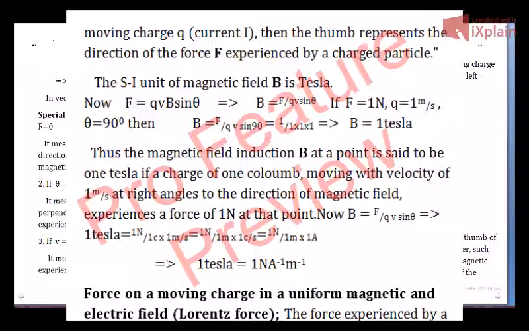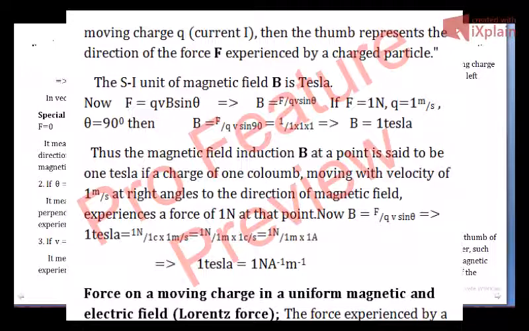Now if F is equal to 1 Newton, Q is equal to 1 coulomb, V is 1 meter per second, and theta is equal to 90 degrees.